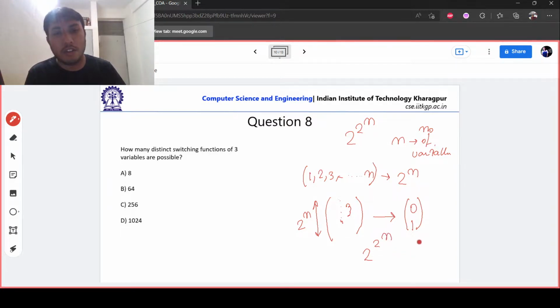So for n equals 3, it will be 2 to the power of 2 to the power of 3, that is 2 to the power of 8, it is 256. So the correct option is C.